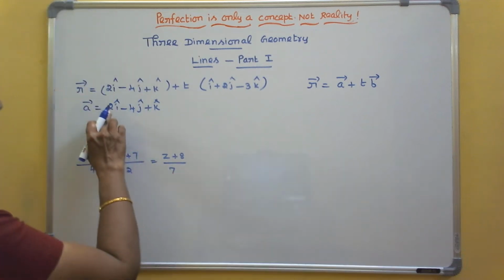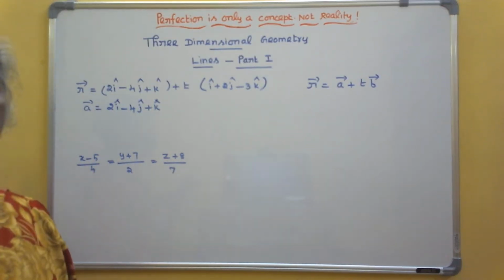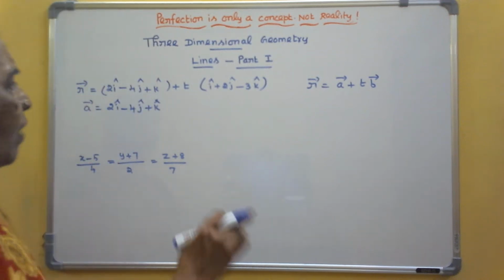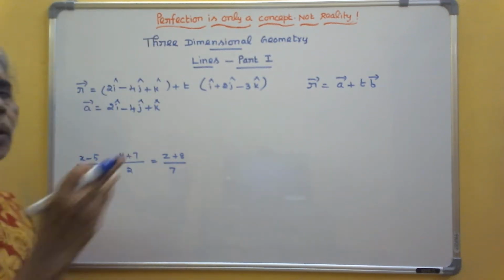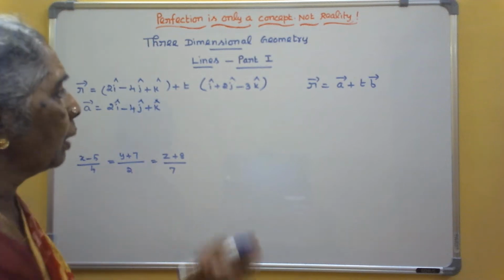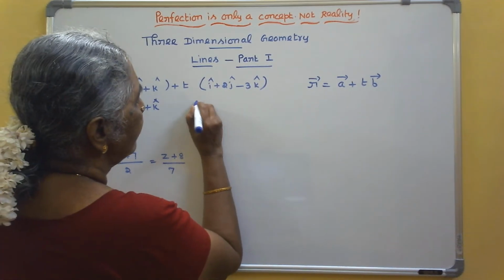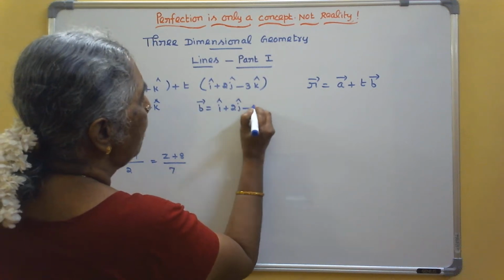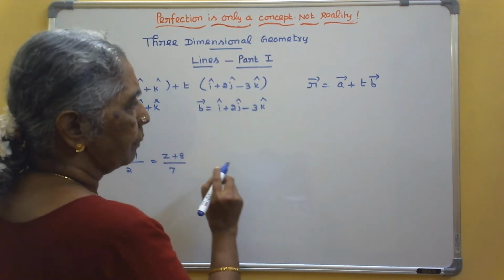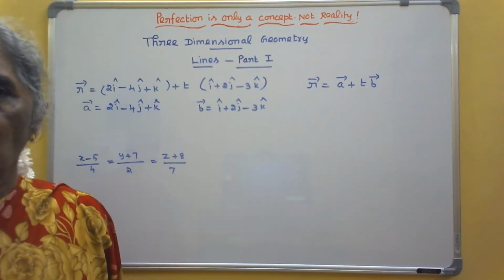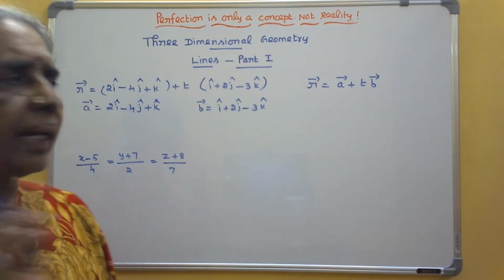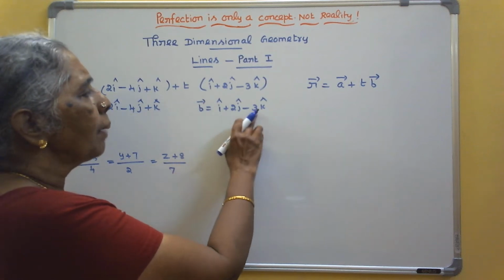Here I have written this in vector form 2i cap minus 4j cap plus k cap. If I want to say it in Cartesian form, I will say 2 comma minus 4 comma 1, that's all. Now, let me come to the b vector here. B vector is i cap plus 2j cap minus 3k cap. Now, this is the parallel vector, or I can say the direction ratios of the line are 1 comma 2 comma minus 3.